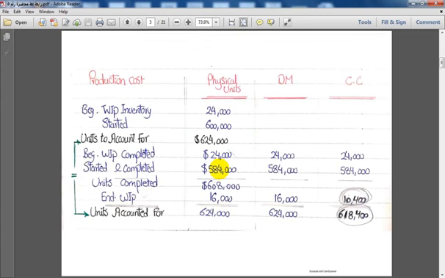So we multiply 24,000 times 100%, equal 24,000, and the same with conversion cost. Units started and completed, 584,000 times 100%, and with the conversion cost the same, times 100%.